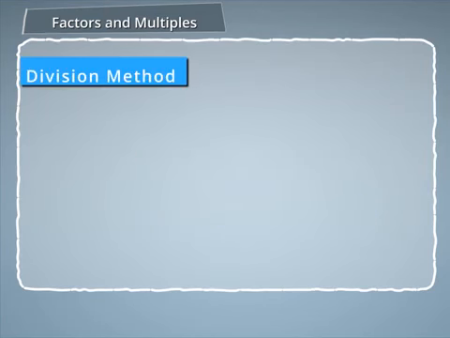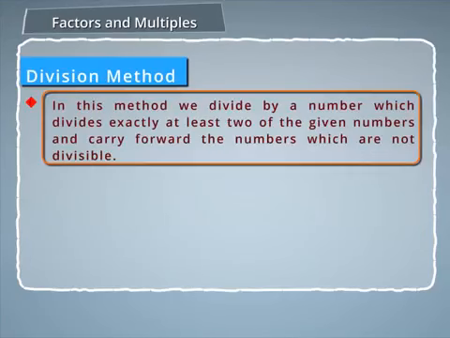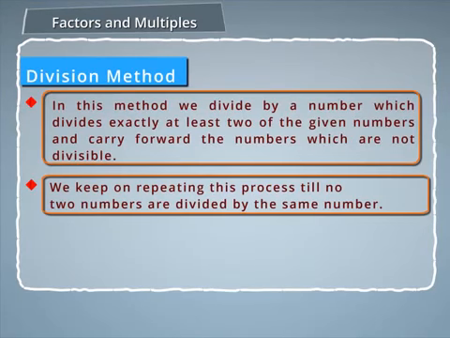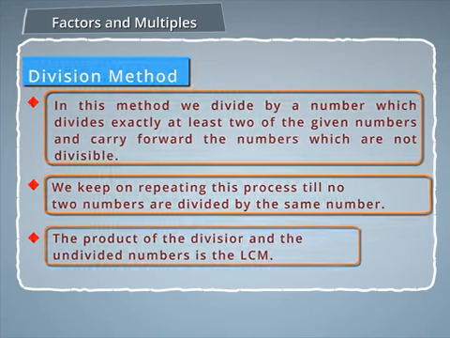Let us find LCM by division method. In this method, we divide by a number which divides exactly at least two of the given numbers and carry forward the numbers which are not divisible. We keep on repeating this process till no two numbers are divided by the same number. The product of the divisors and the undivided numbers is the LCM.